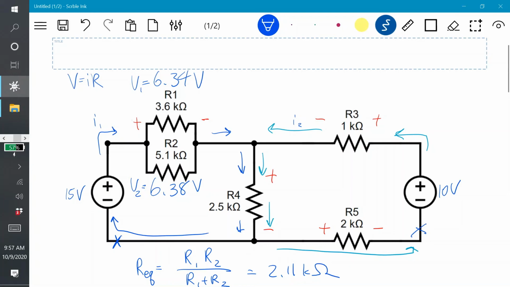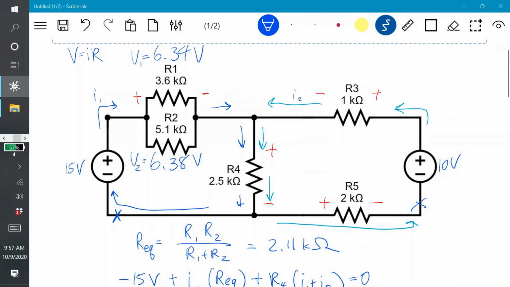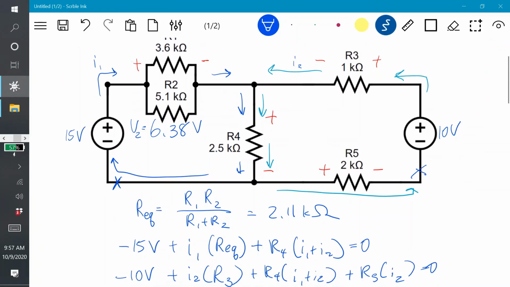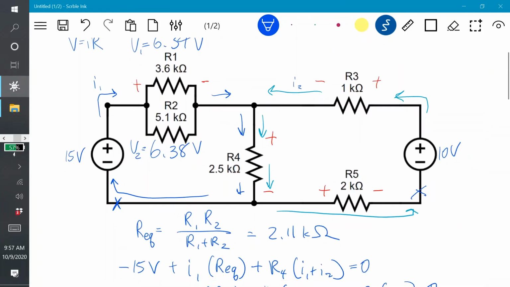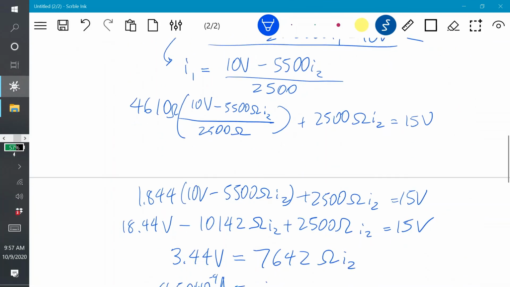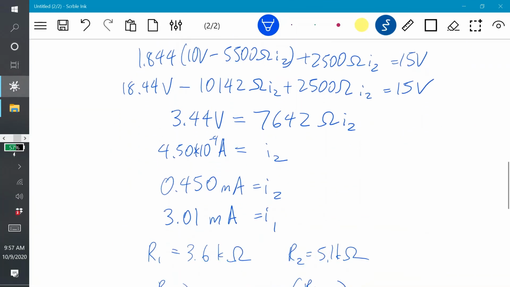Let's do R4. The current running through R4 is the sum of I1 plus I2. So 2,500 times the sum of I1, which is 3.01 milliamps, and I2 is 0.45 milliamps.